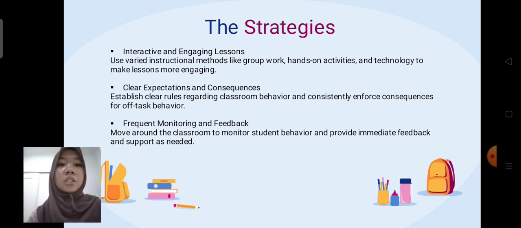Clear expectations and consequences. Establish clear rules regarding classroom behavior and consistently enforce consequences for off-task behavior. The benefit of these strategies: clear expectations and consistent consequences can help students understand the importance of staying on task and the repercussions of not doing so.